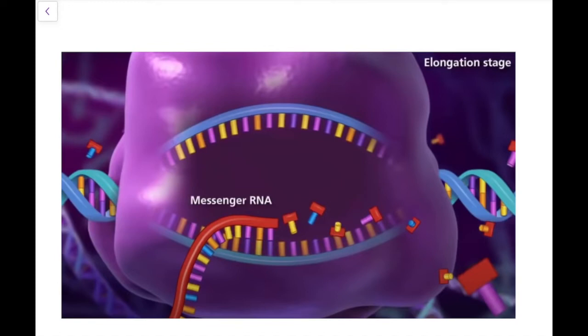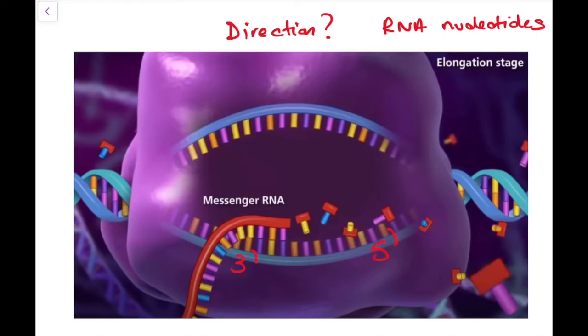If you had to guess, what direction would you guess that new RNA nucleotides are added? If you know about DNA replication, what would be the direction of addition? It's going to be the same.